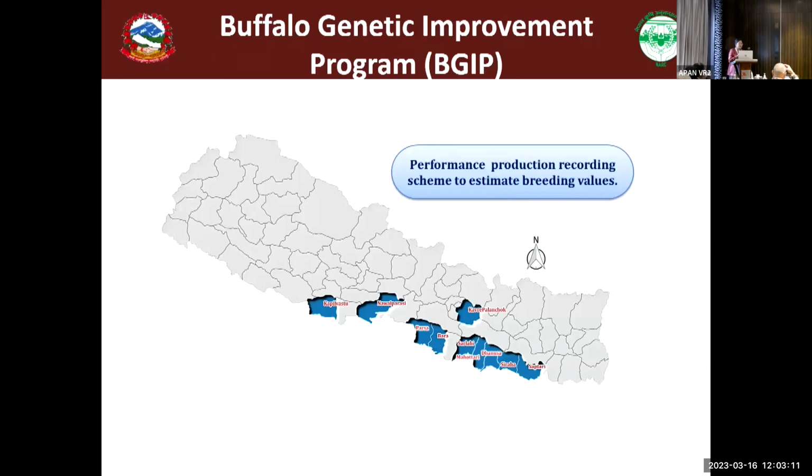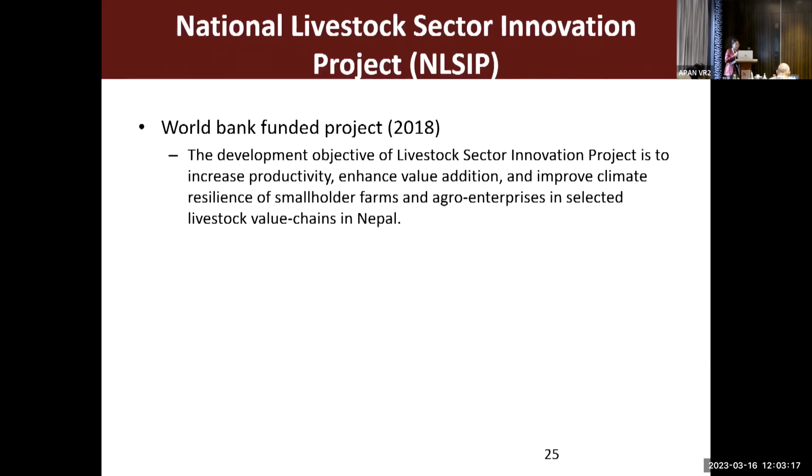We incorporated the buffalo genetic improvement program together with the dairy cattle improvement program. After the success, people started knowing the importance of data and also the use of ICT.